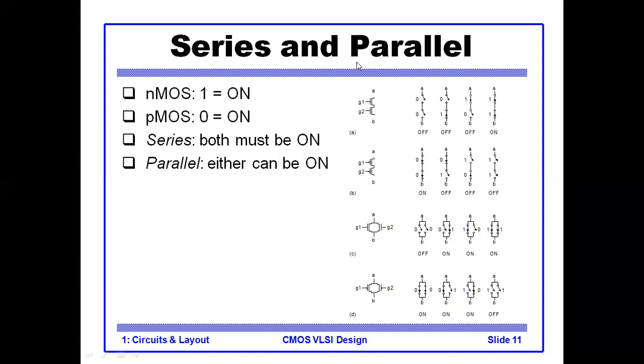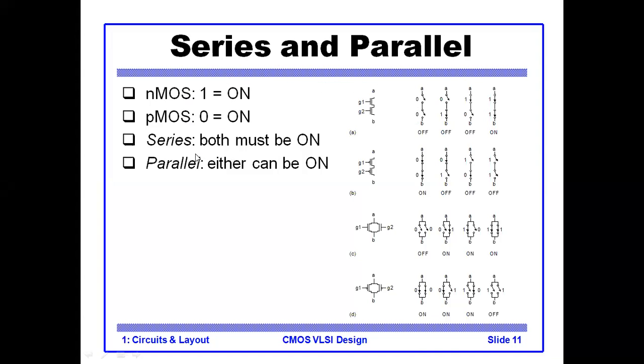Okay, now here we'll understand how to implement the CMOS logic. We know about series and parallel combinations and how they operate. According to that statement, NMOS passes a strong zero and PMOS passes a strong one.